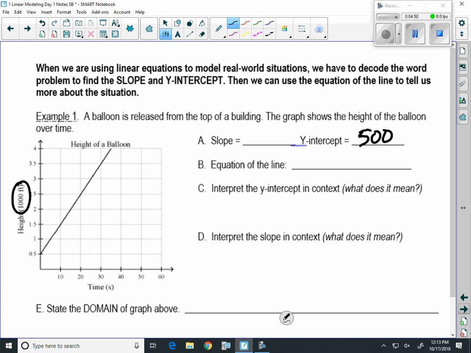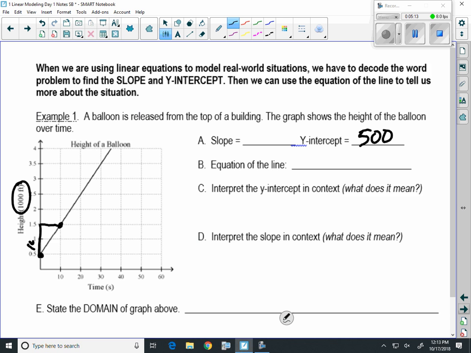If we had picked 2 points, let's say we pick this point and we pick this point, we can just do rise over run. If I go from 0.5 to 1.5, how many feet is that? 1,000, because every unit is 500 because it's half. Yes?